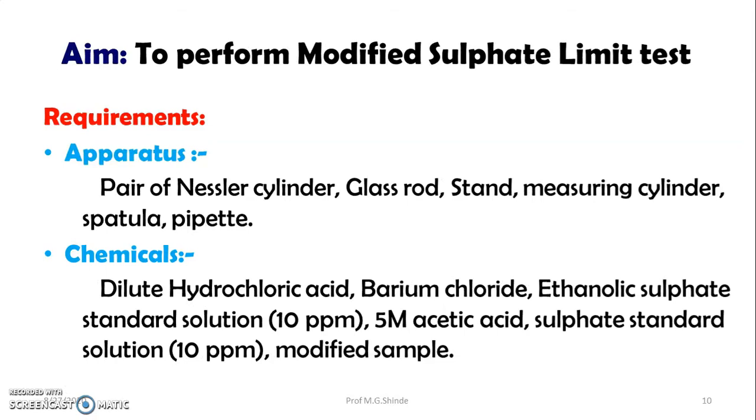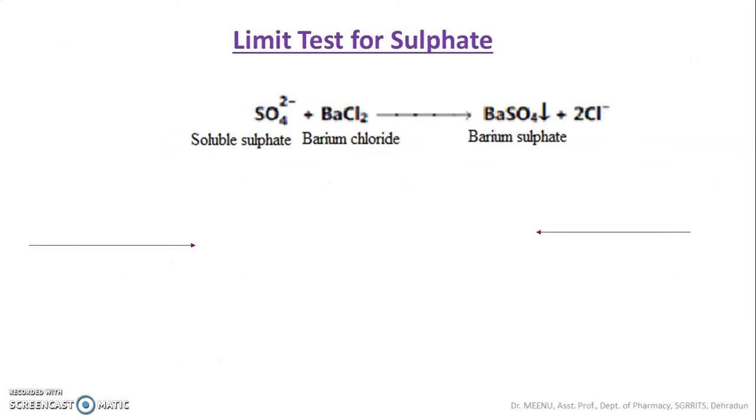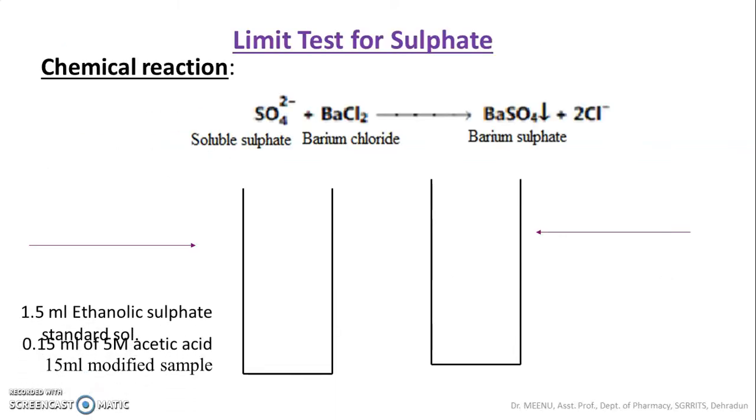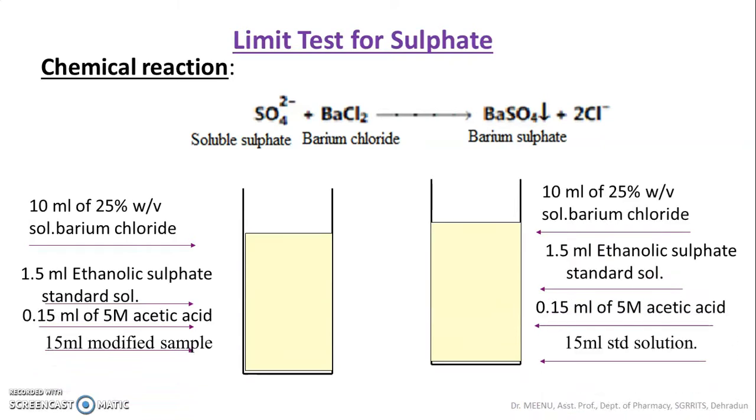Now we will similarly perform a modified sulfate limit test. The requirement, reaction and procedure are the same, with only a slight difference: we require a sample that is to be modified. That means the nature of the sample should be modified.